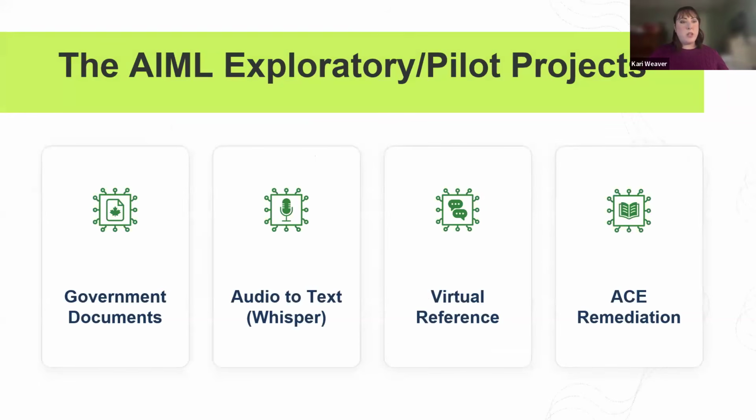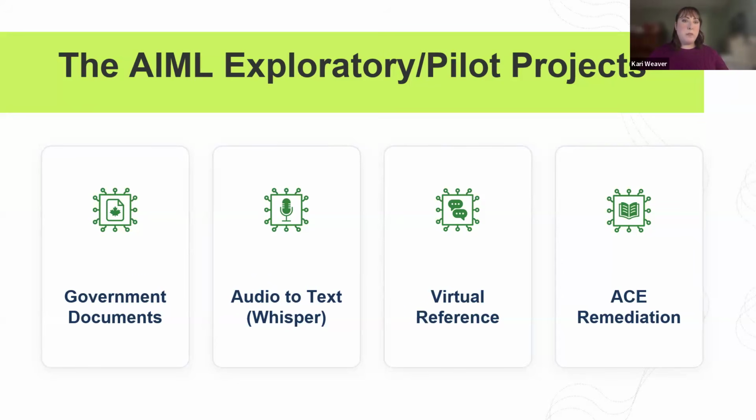So the exploratory projects include one on extracting metadata from government documents, the audio to text project, which we'll talk about at length today, one looking at how a virtual reference chatbot might enhance or augment our consortial reference service, and another looking at remediation of materials on our accessible content books portal that we provide as a consortial service across the province.